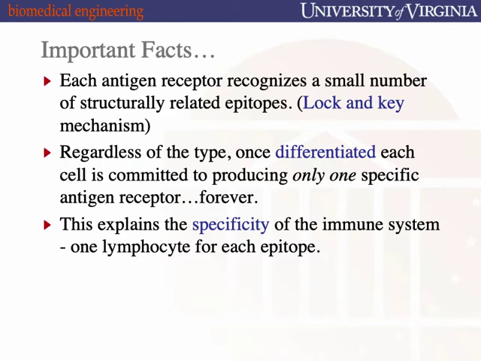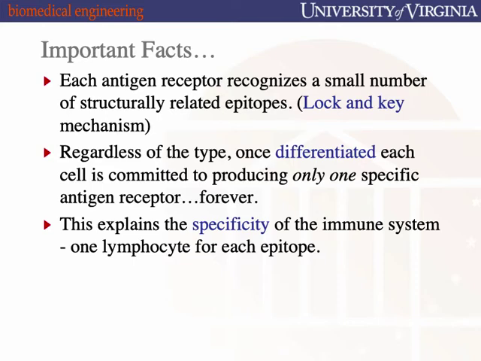The reality is also that you can have two T cells that express a T cell receptor that can both recognize the same epitope, but maybe through slightly different mechanisms or affinities, right?